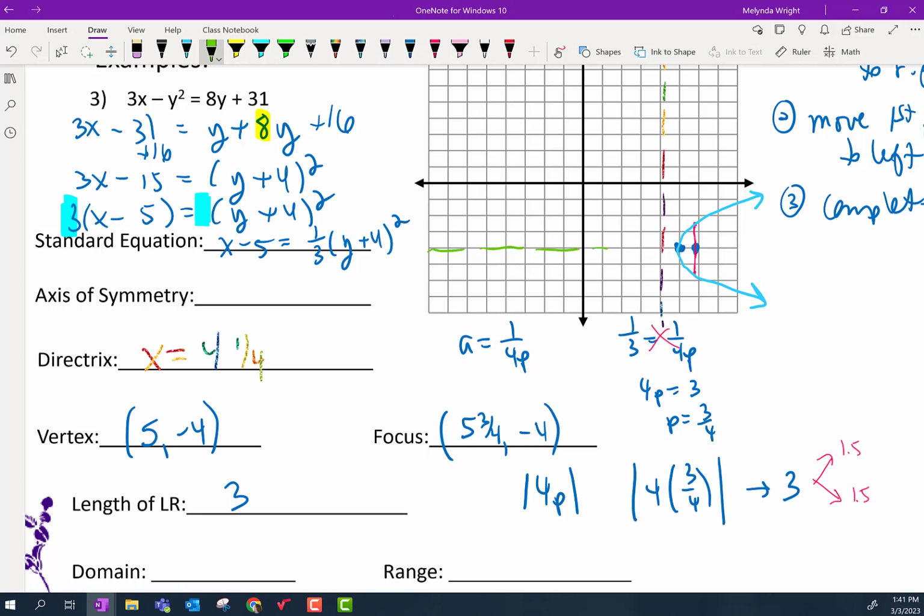This is my axis of symmetry. They kind of abbreviate it as AOS, axis of symmetry. This is a horizontal line. So is this going to be an x equal or a y equal equation? A y equals -4.